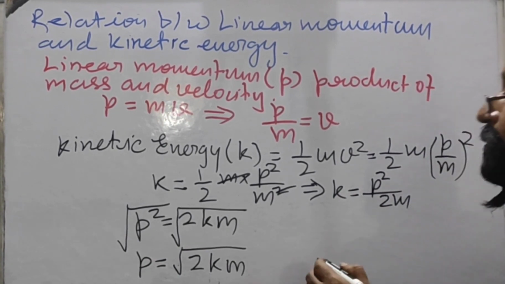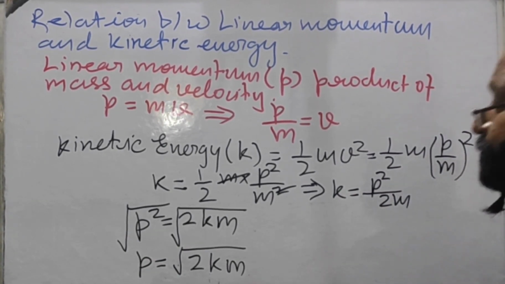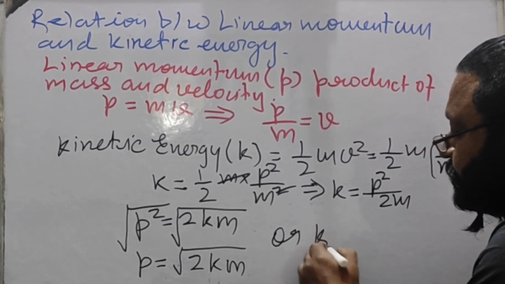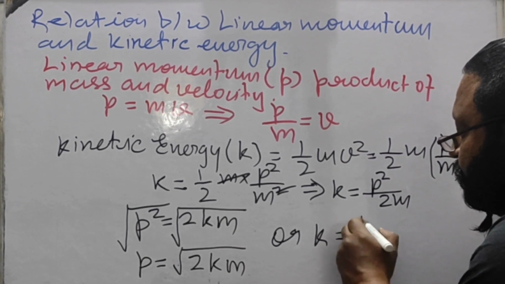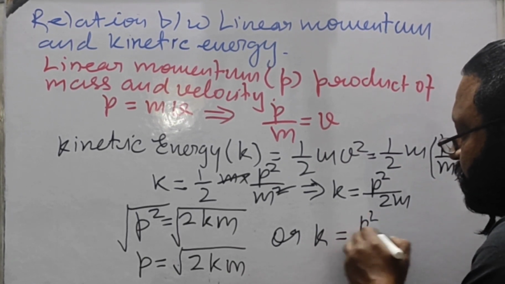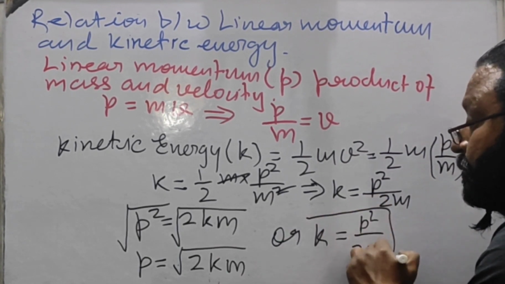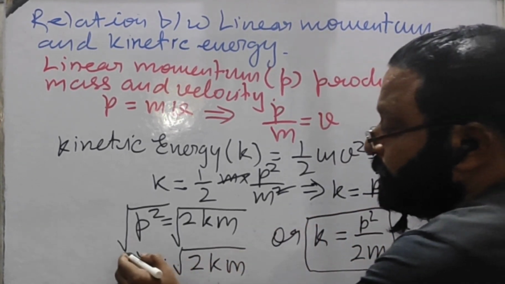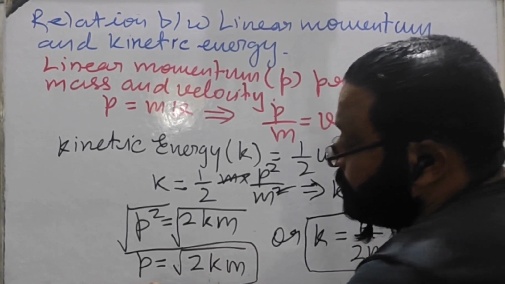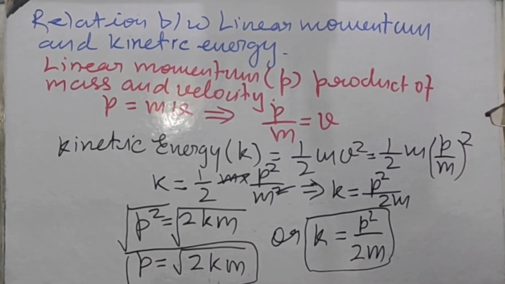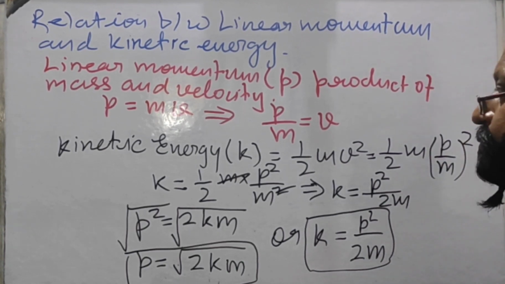Or kinetic energy is equal to P square upon 2m. Getting? This is the relation between linear momentum and kinetic energy. I hope you understand. Okay.